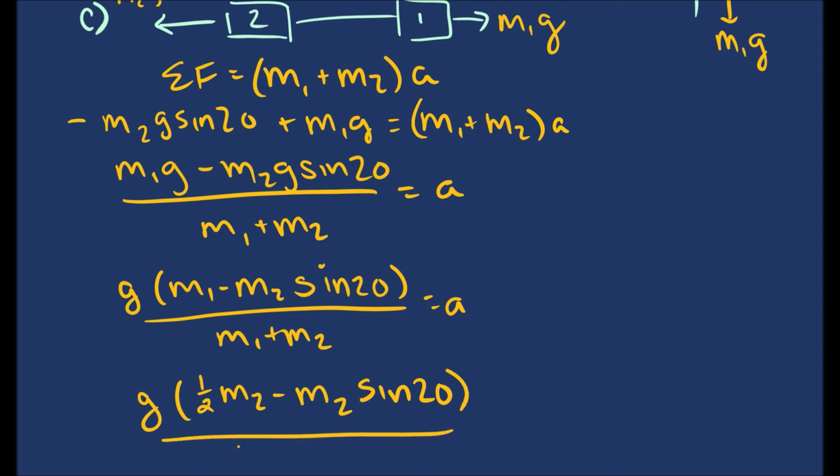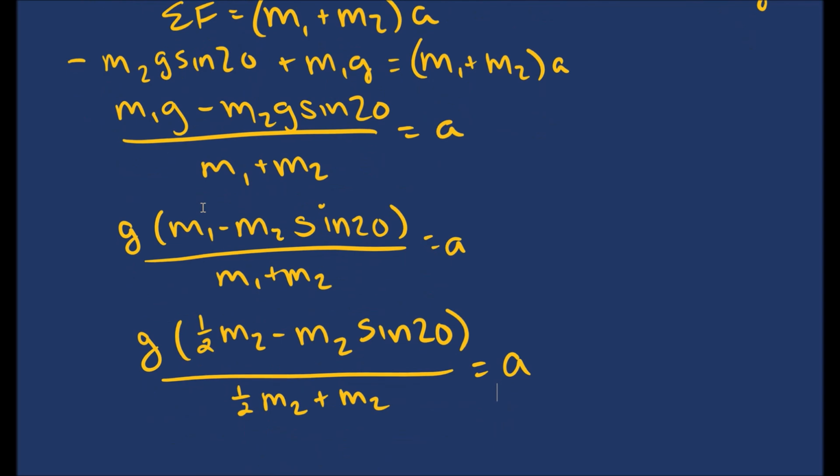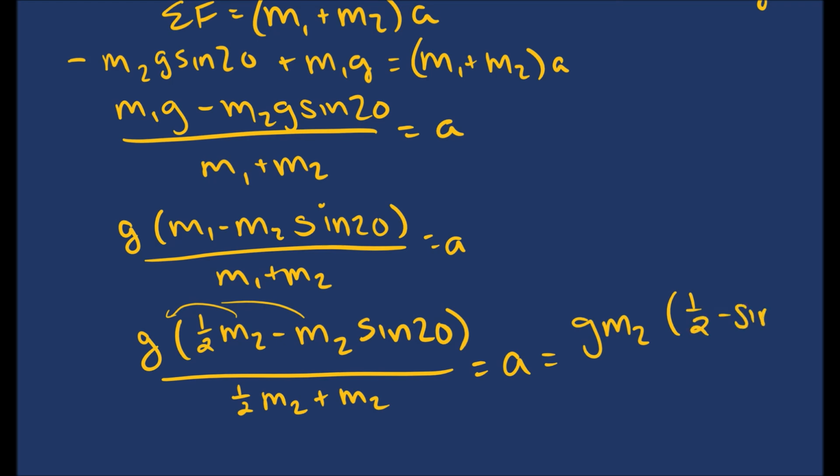Divided by 1/2 m2 plus m2, and all that equals A. Well, this is looking kind of promising. Let's pull the m2 from each of the terms in the numerator out front. So we have g m2 times 1/2 minus sine of 20. That's good. This is just a number.